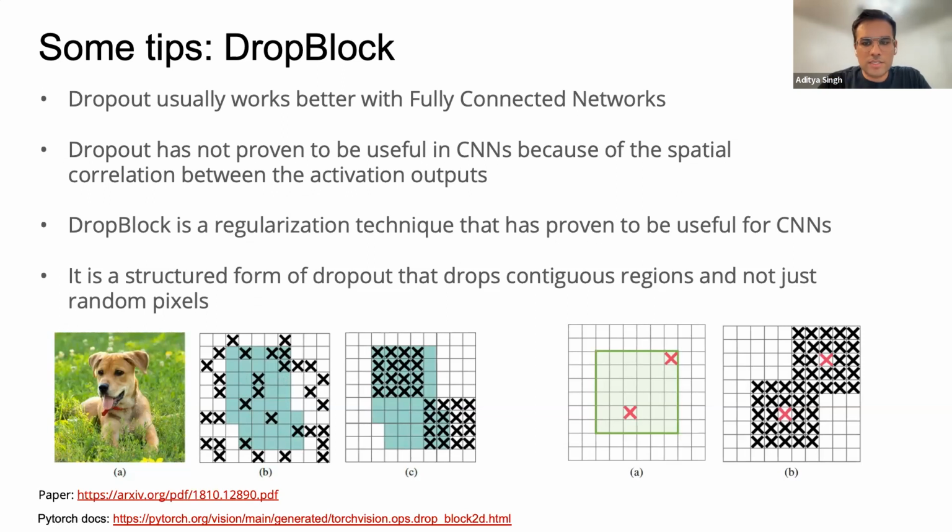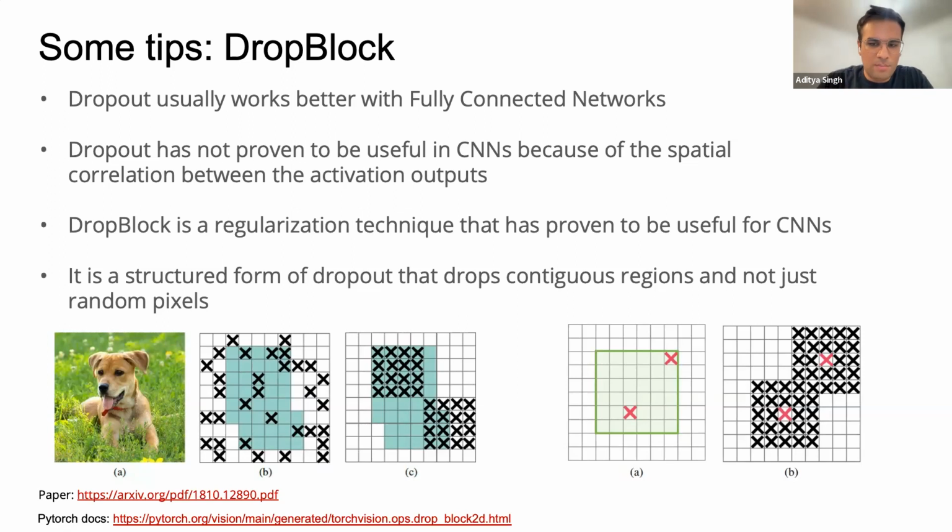But still, there will be some information about the pixel that you drop out. Say you drop out this pixel, there'll still be some information about this pixel that will be backpropagated into the network by adjusting its neighboring pixels. That's because of the spatial correlation and the basic idea that we're looking at a window, it's a scanning approach. Our kernel will look at a 3x3 or 5x5 window at once.